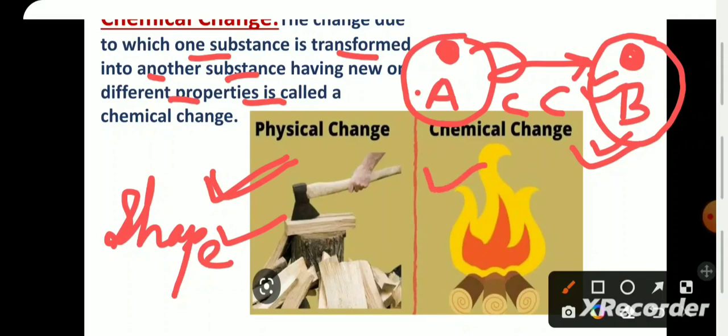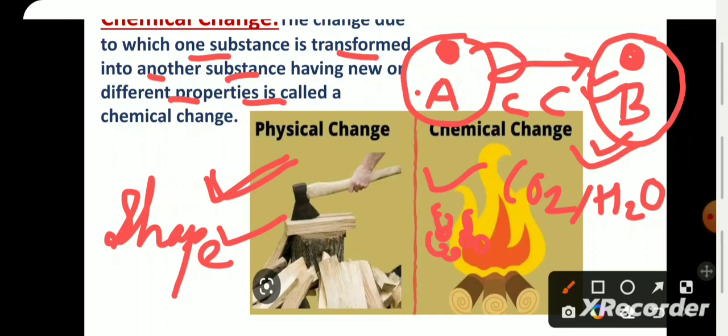When we burn wood, CO2 gas and H2O in moisture form get released into the atmosphere, and the byproduct which is formed is ash. This is also an irreversible reaction as we do not get back wood from this remaining ash.